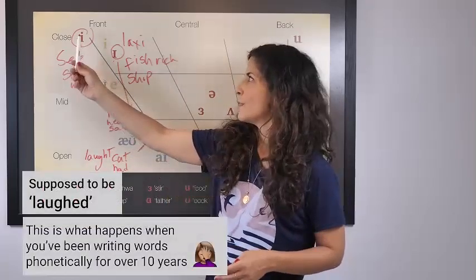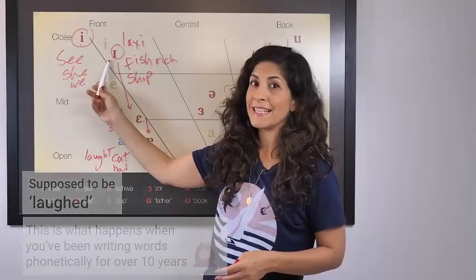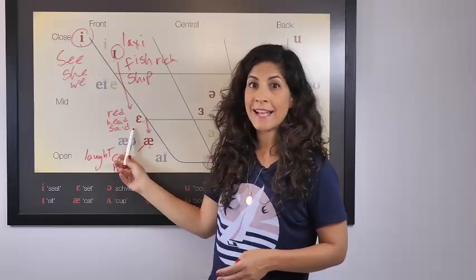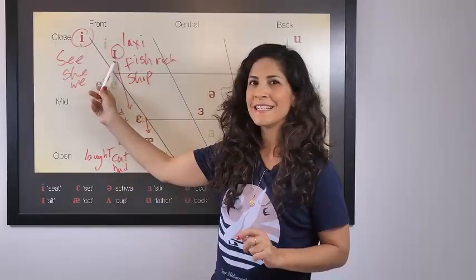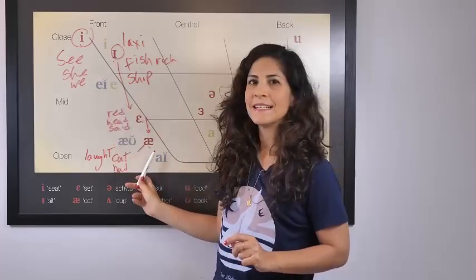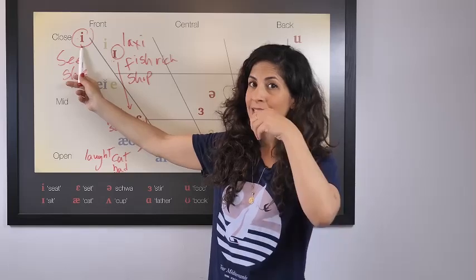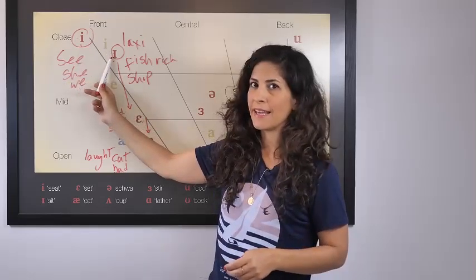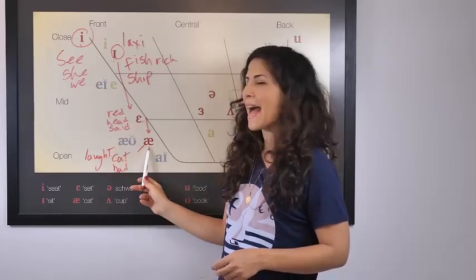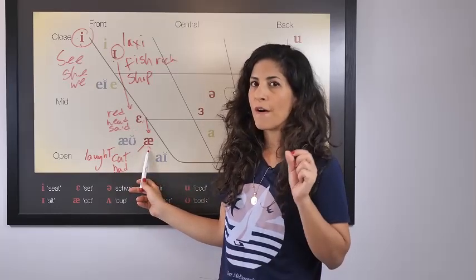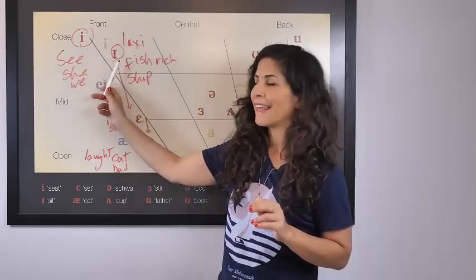So we have the tense E as in seat, the relaxed I as in sit, the E as in set, and the A as in sat. Now do it with me. Seat, sit, set, sat. Bead, tense E, bid, relaxed I, bed, that's the E sound, and bad. Right? So these are the 4 pure vowels in American English. E, I, E, A.